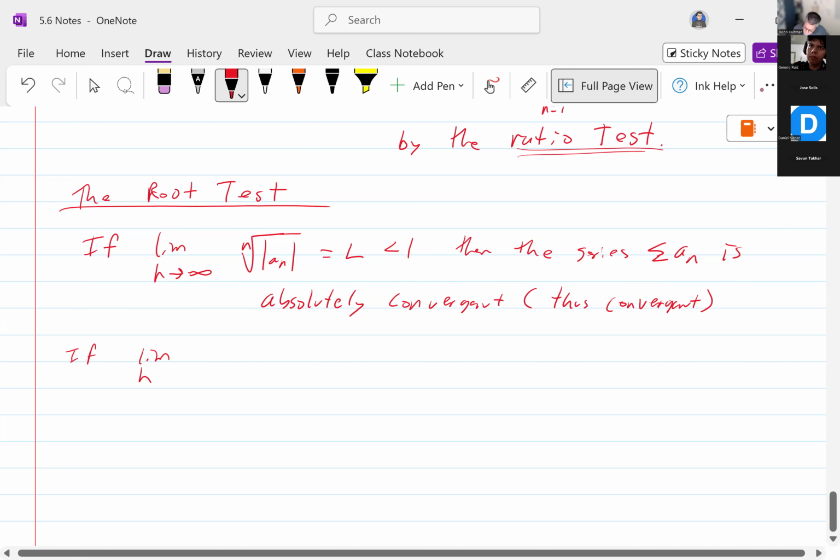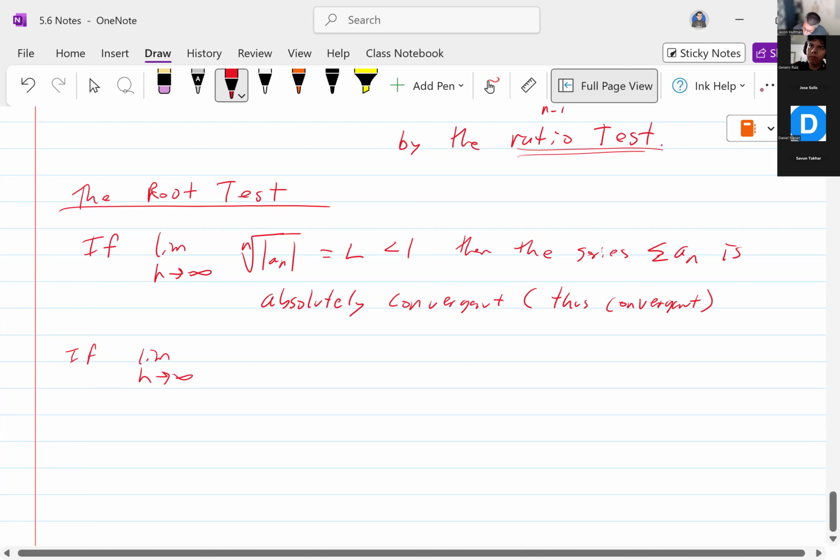If the limit as n goes to infinity of the nth root of, sorry, this was a sub n to the nth, my bad. Does there need to be an n? No, there doesn't need to be an n there. I misspoke.